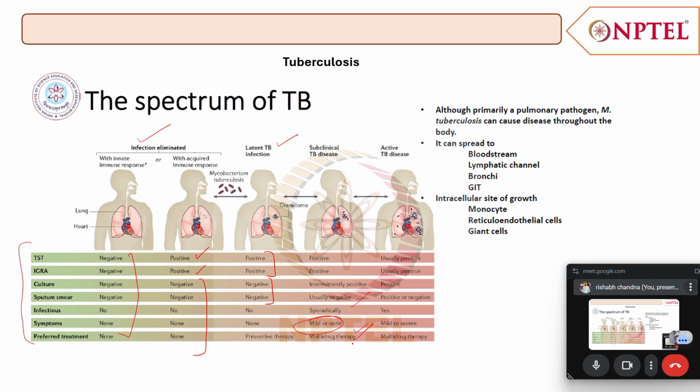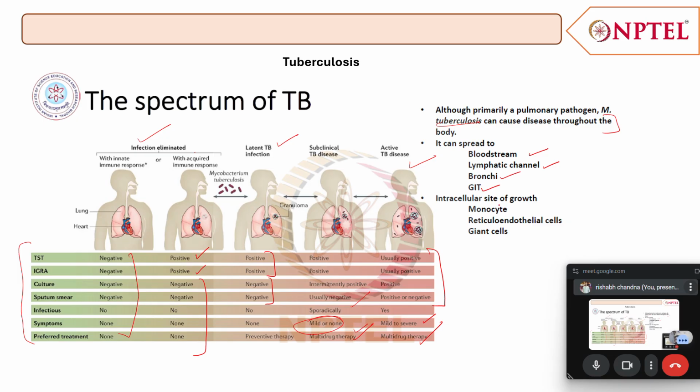In case of the active TB disease, all the diagnostic tests will be positive, while there are mild to severe symptoms, and there will be multi-drug therapy. Although primarily the pathogen is Mycobacterium tuberculosis that causes the disease throughout the body, and it can spread to the bloodstream, lymphatic channel, bronchi, and the GI tract.